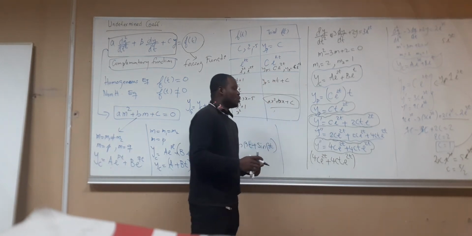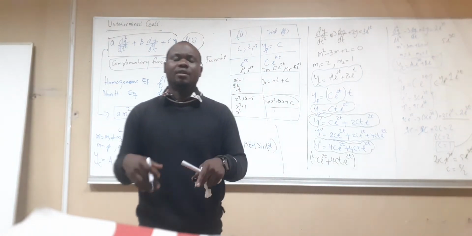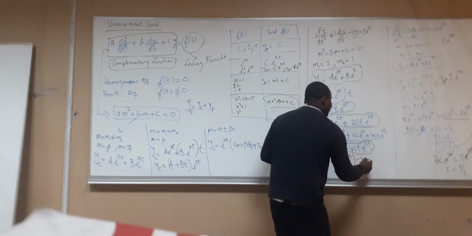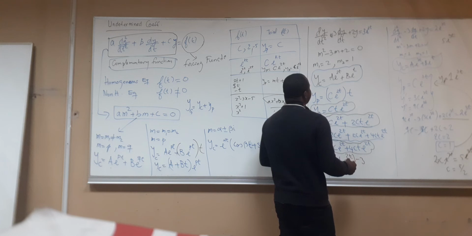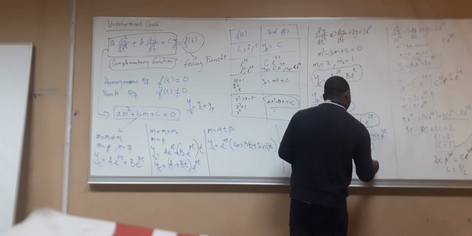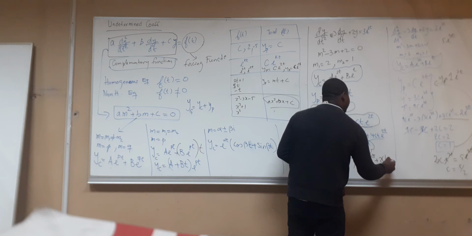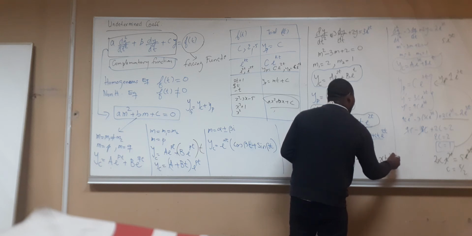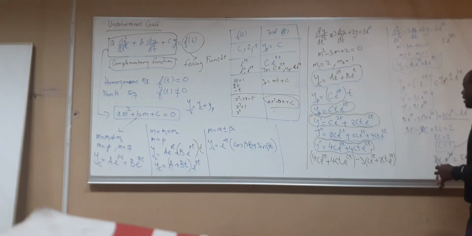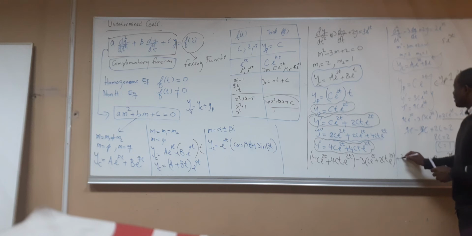Please, every time you replace something, put it in brackets. We have minus 3 dy over dt, which is our first differentiation. We're going to put our bracket. What is it? It's c e to the power 2t plus 2ct e to the power 2t. You close the bracket. And then the last one is 2 multiplied by y.